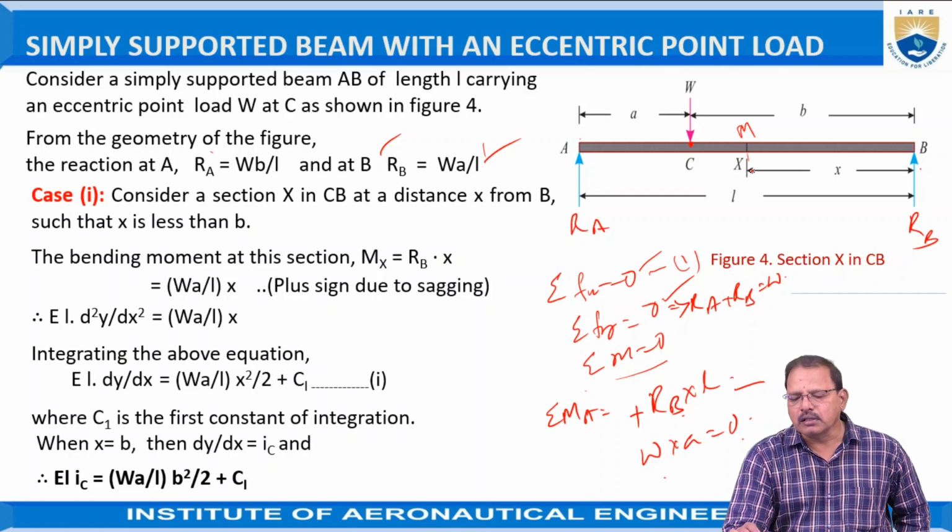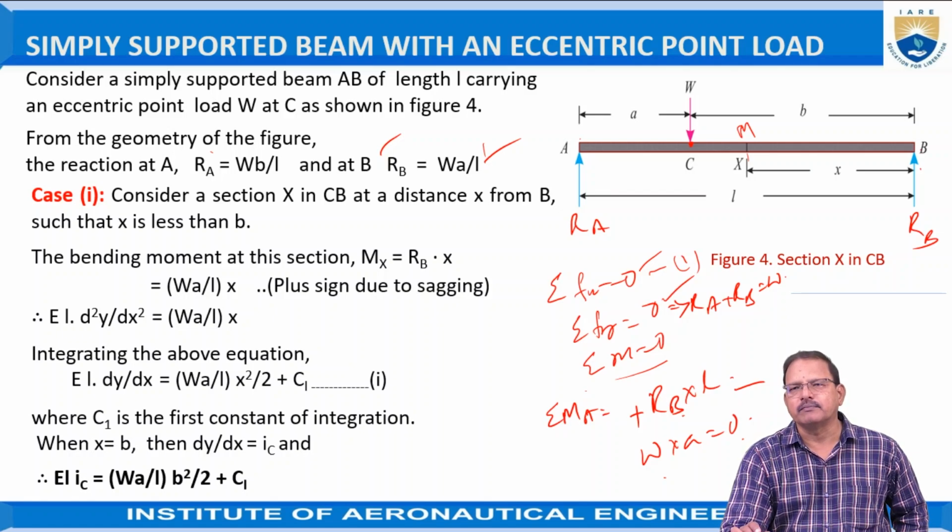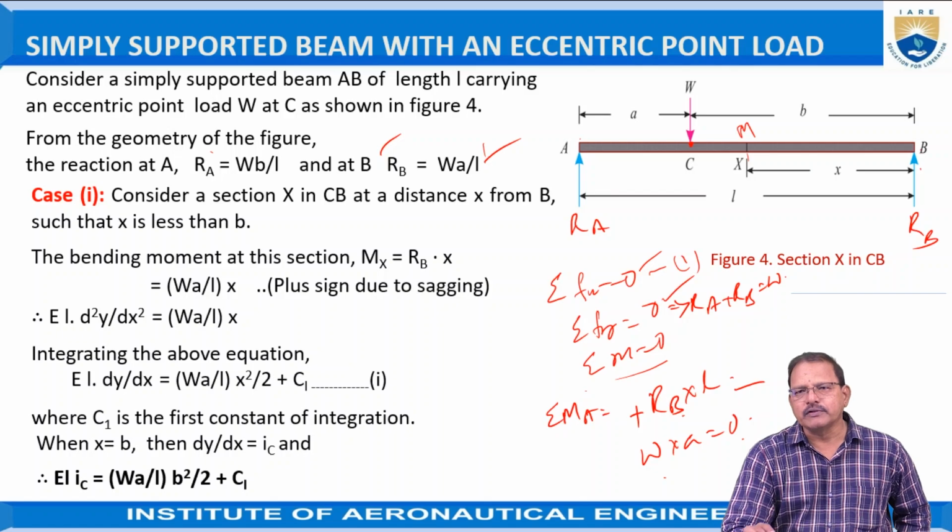The point X lies between the reaction force at B, that is RB, and the load acting at C. That is, between B and C we are considering, according to case 1.